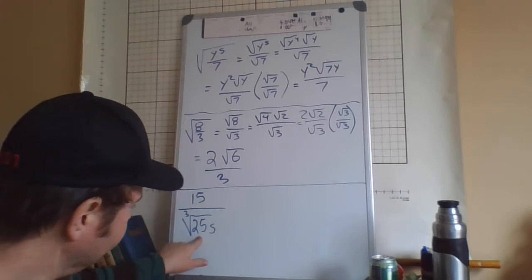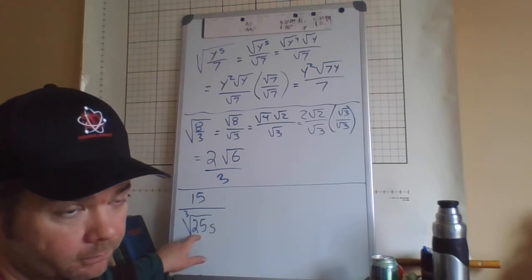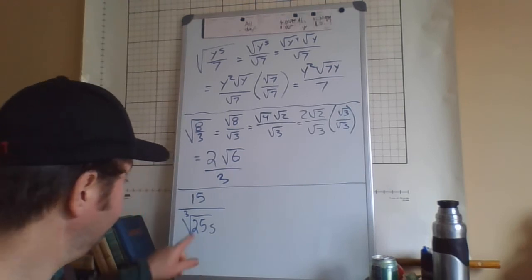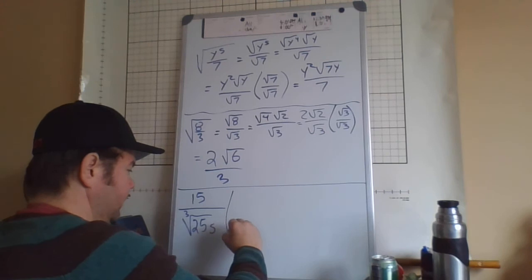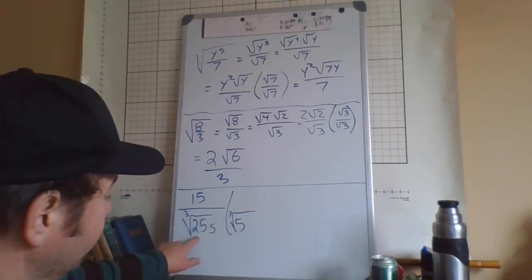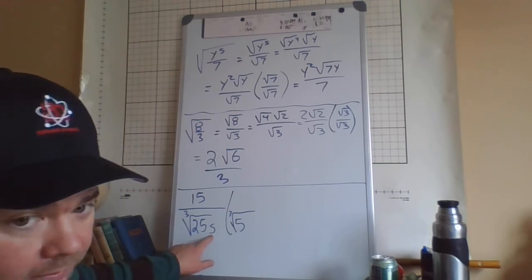So what do you multiply 25 by to get a number that's a perfect cube? I know it's 125. 5 times 25 is 125, and that's how we get this part to be a perfect cube. What do you multiply s by to get a perfect cube?